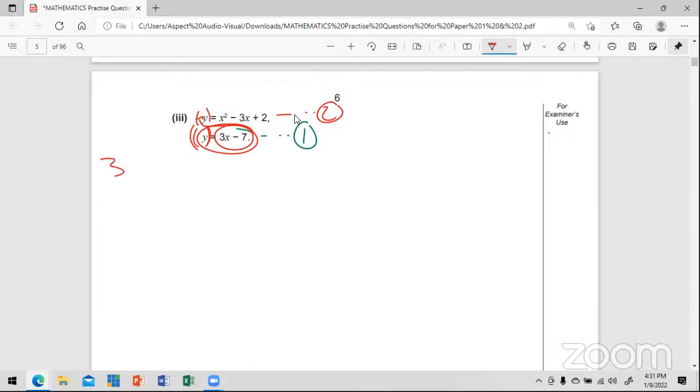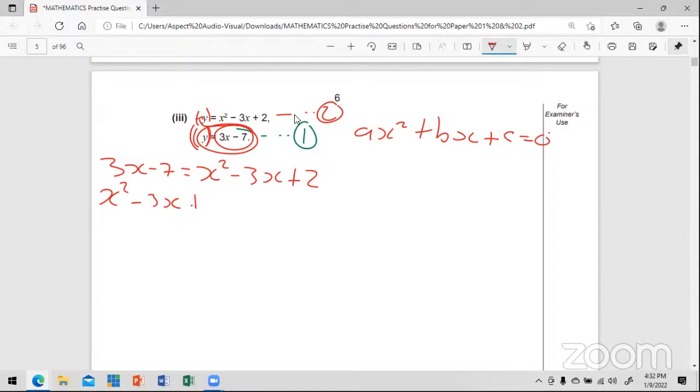So that one will be by substitution. 3x minus 7 equals x squared minus 3x plus 2. Then we need to write this in the form of ax squared plus bx plus c equals 0. When you look at this, it's the same thing as x squared minus 3x plus 2 equals 3x minus 7, isn't it?